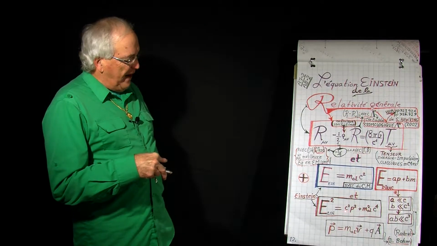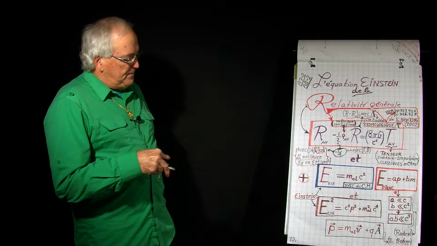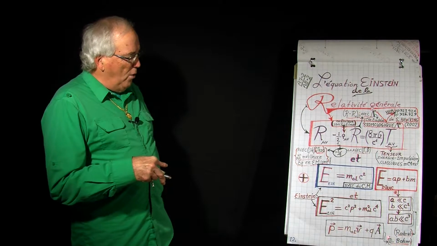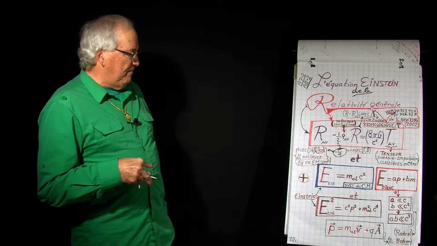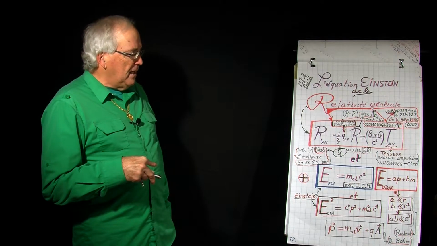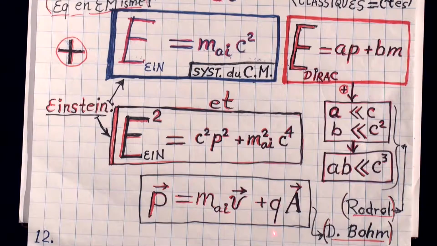In terms of particles, the momentum P has been defined by David Bohm as not only the mass times the speed, but plus a factor involving the electric charge of the particle and the vector potential in magnetism, from which the magnetic field is deduced.